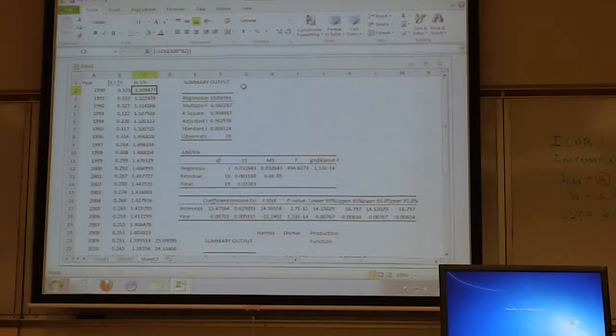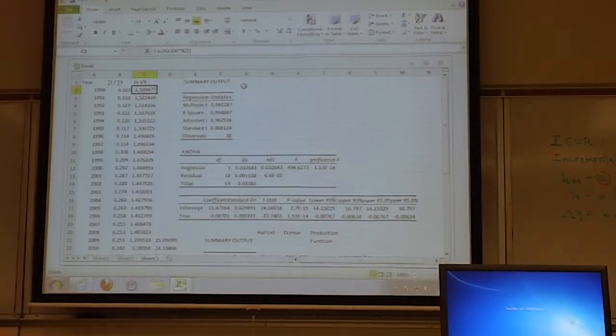You can do natural log or log 10, it doesn't really matter, but you have to know which you use. If I use natural log, I have to use the EXP function. If you use log 10, you don't use EXP; you raise 10 to the power of whatever that thing is.